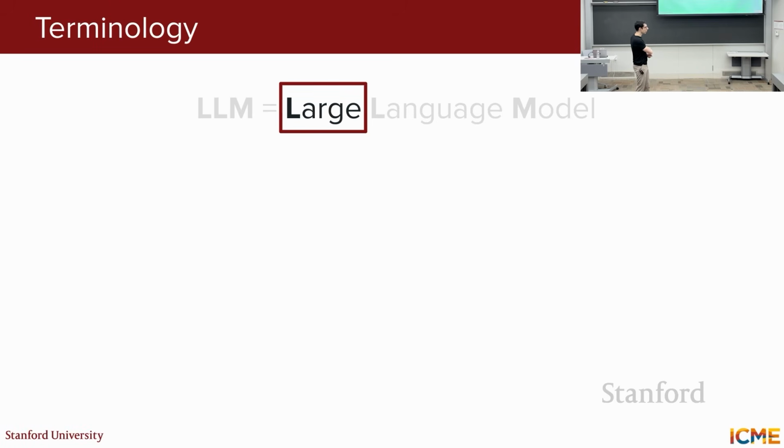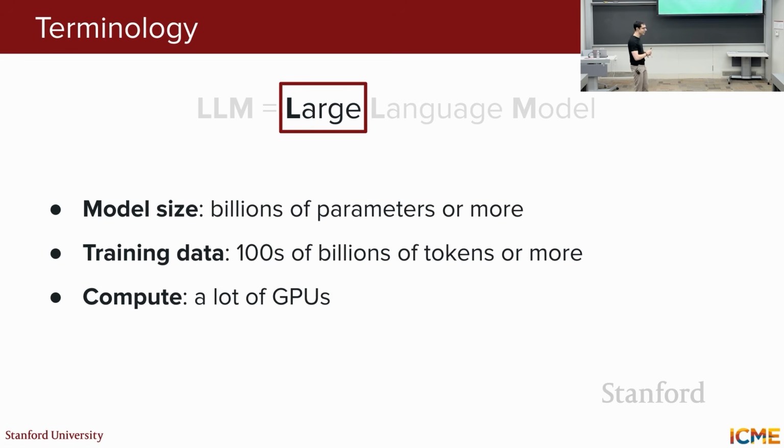But also, a large language model is large. So why is it large? We're going to see that these models are scaled up in terms of size. First of all, in terms of model size, these days it's not uncommon to see models on the order of hundreds of billions of parameters. But typically when we say LLM, we say at least on the order of a billion.